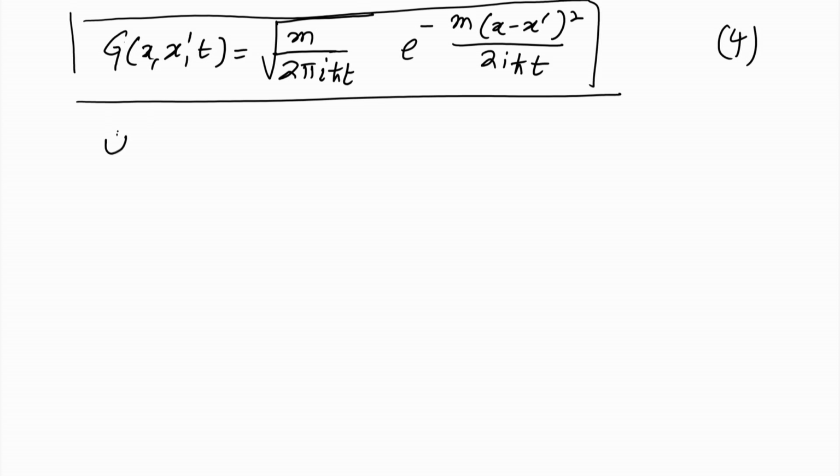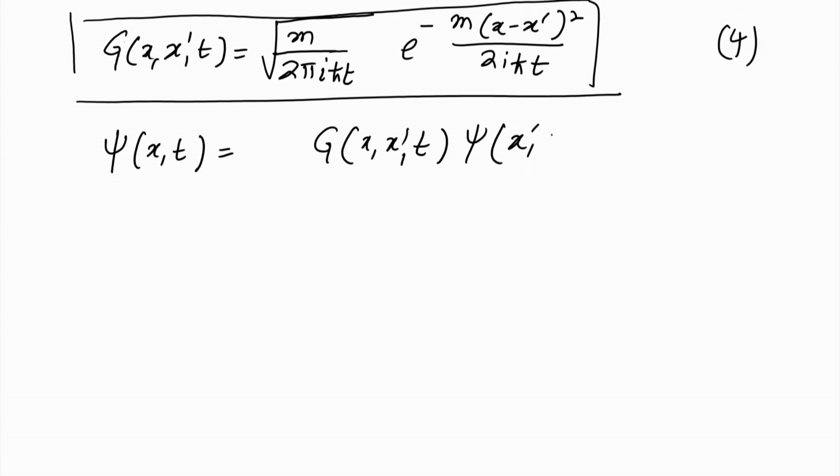So, just to repeat, psi of x t is equal to the integral over dx prime of g of x x prime t and psi of x prime 0.